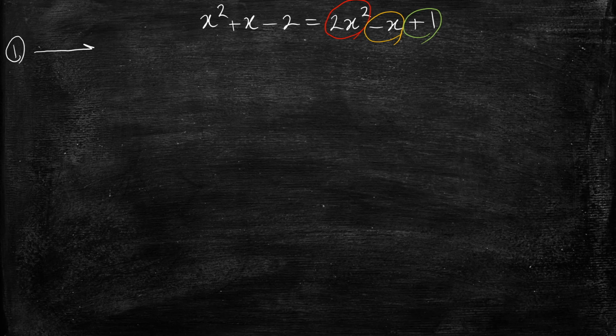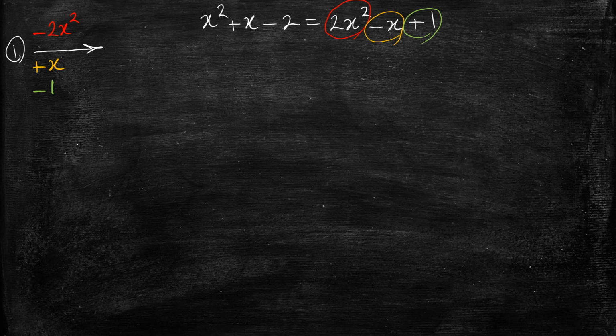So we know that if I subtract both sides by 2x squared, that's going to get eliminated on the right hand side. If I add x to both sides, the minus x is going to get eliminated from the right hand side. And if I subtract 1 from both sides, also the plus 1 on the right hand side is going to get eliminated.